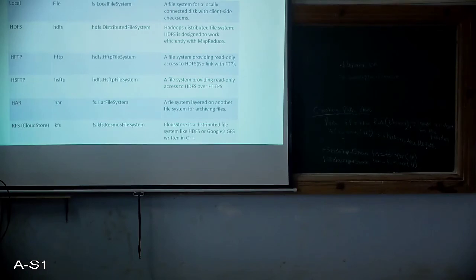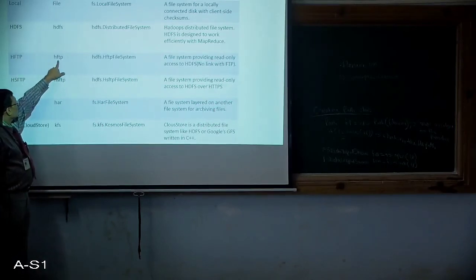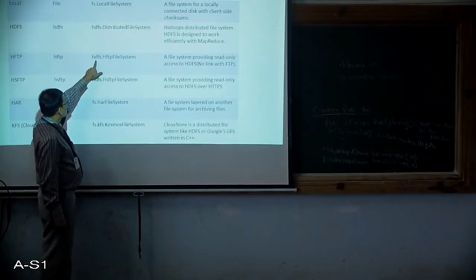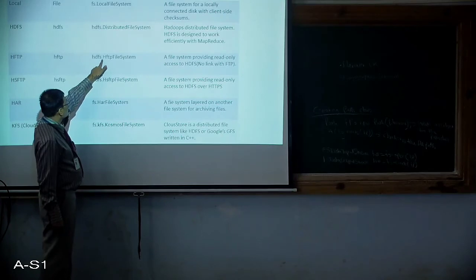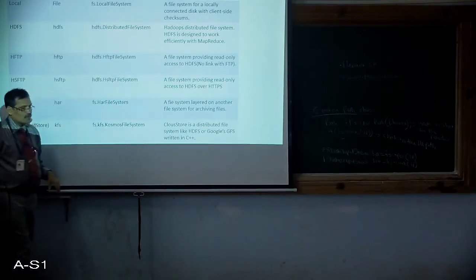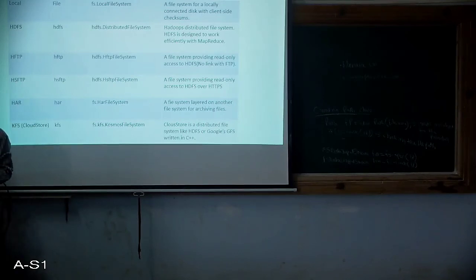The third one is HFTP. The URI scheme is hftp. The Java implementation is hdfs.HftpFileSystem. What is the need of this? It is a file system which provides read-only access to the Hadoop distributed file system.